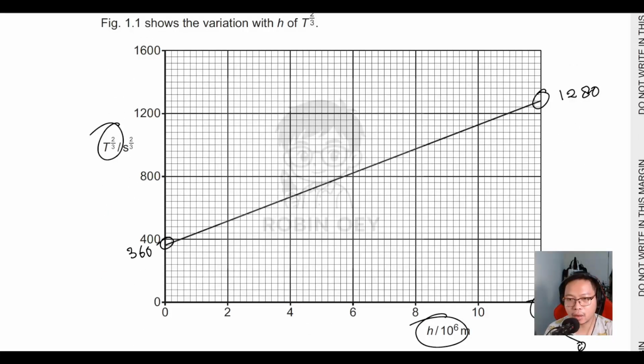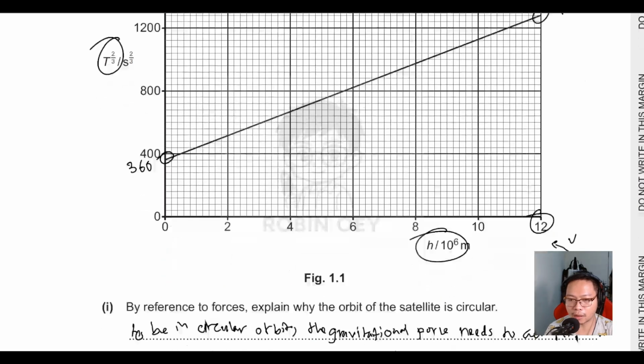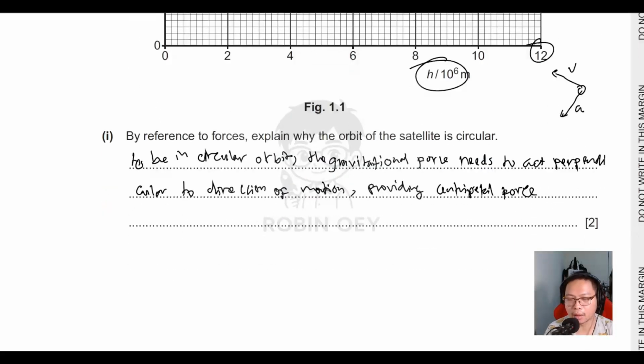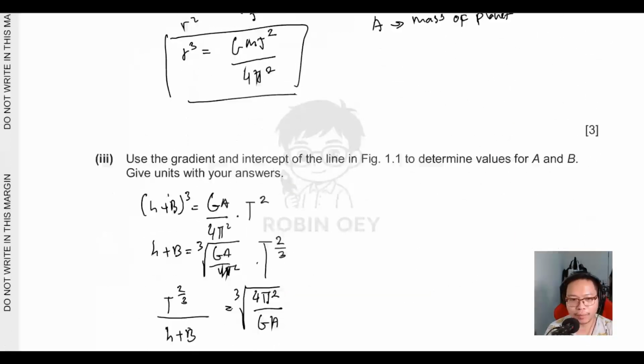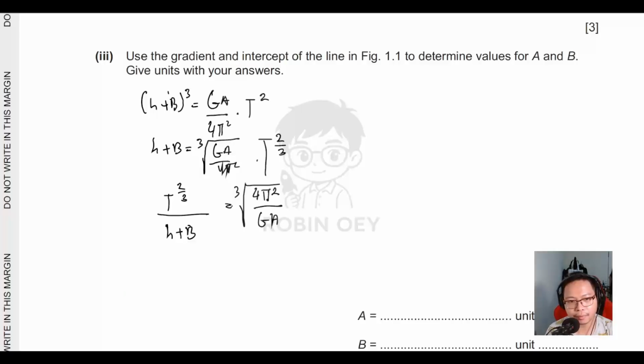So let's say I'm using 1280 and 360 here, and 12 times 10 to the power of 6. Now let's input that.